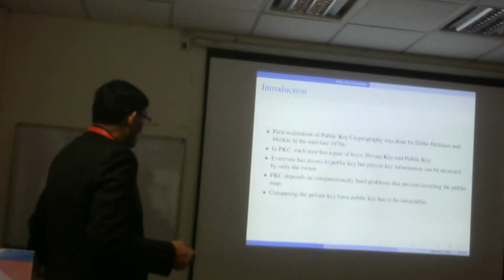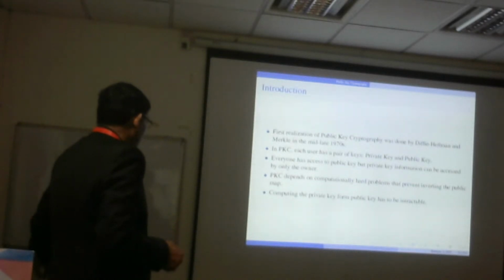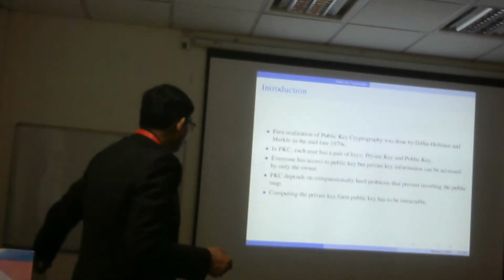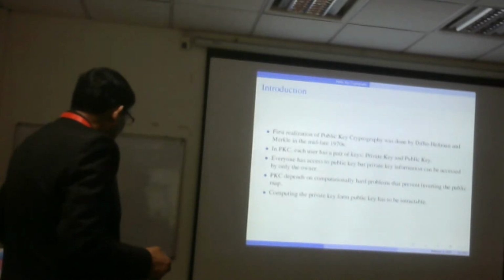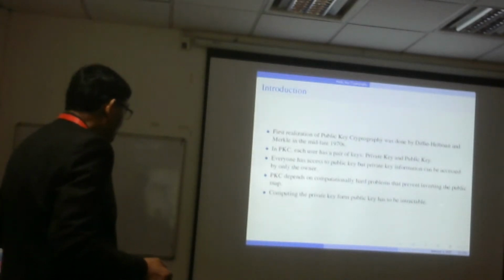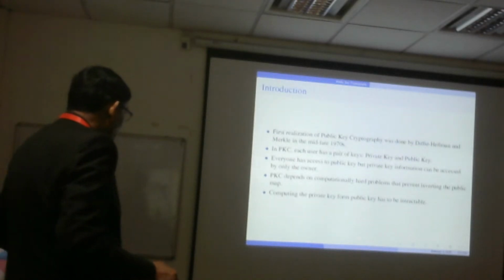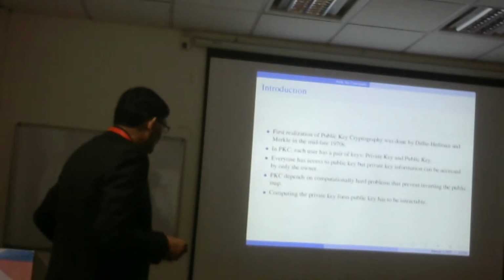Each user has a pair of keys, known as a private key and a public key. Everyone has access to the public key, and the private information can be accessed only by the owner. This public key cryptography depends on computationally hard problems, which I am going to discuss. That prevents inverting the public map, and computing the private key from the public key has to be intractable. Okay.